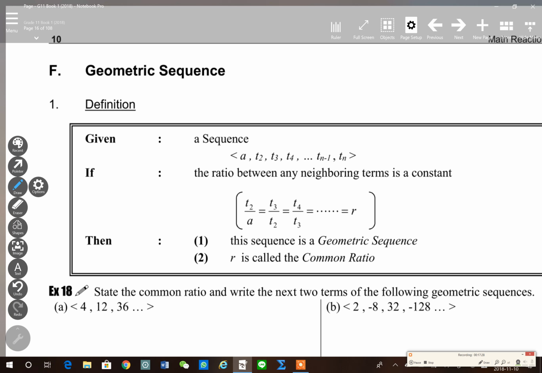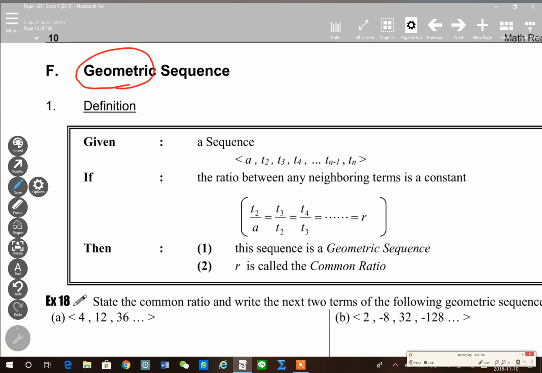Okay, so a sequence is a set of numbers that has a pattern, and the pattern here is called geometric. Circle this word. It will be called geometric if the ratio between any neighboring terms is constant.